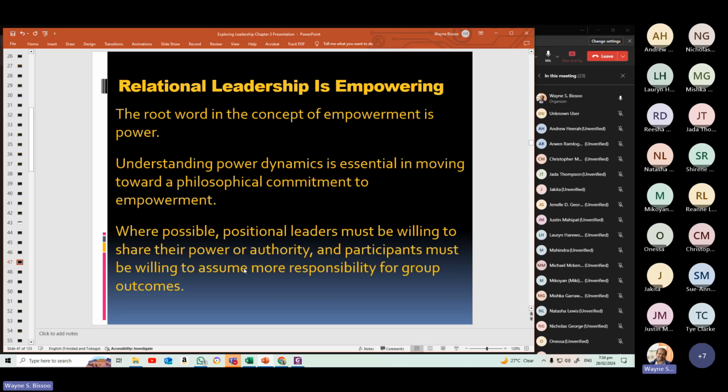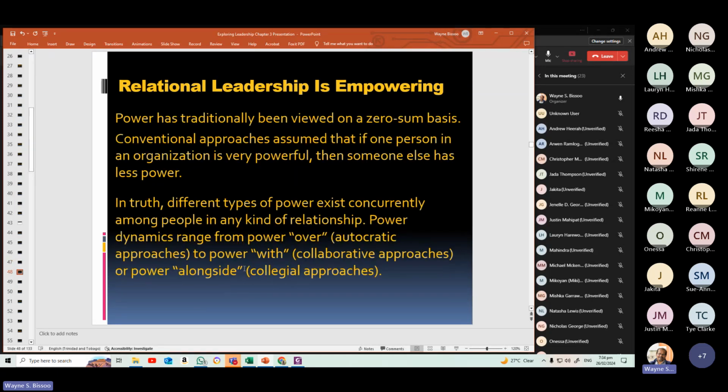All right, so when we look at the word empowerment, the base word is power. And when we look at power, there are a number of different issues that come with that. There is a group that's going to look at power and influence in more detail, and therefore you're going to be seeing some of this repeated. So traditionally, power is zero sum, meaning that it's all or nothing. And that's the conventional approach to power.